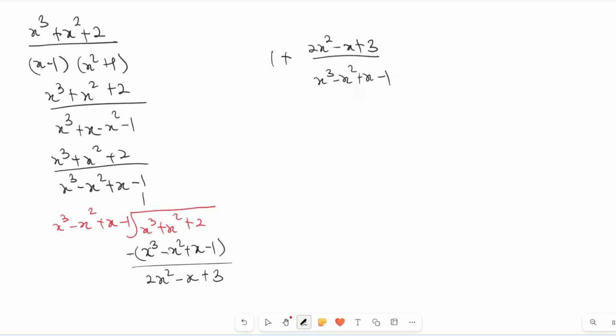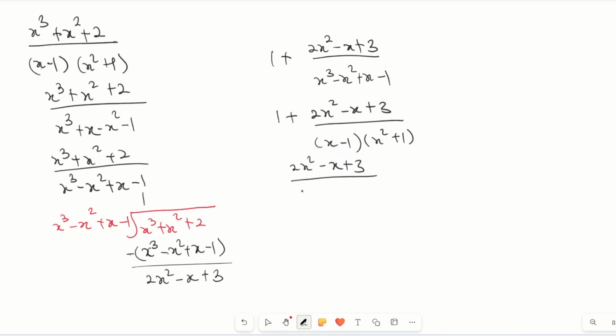So that implies that we can write this as 1 plus 2x squared minus x plus 3 all over, since we expanded x minus 1 and then x squared plus 1 to get this, we can write it as x minus 1, right, x squared plus 1. So we can consider just the proper rational expression, which is 2x squared minus x plus 3 all over x minus 1, x squared plus 1.